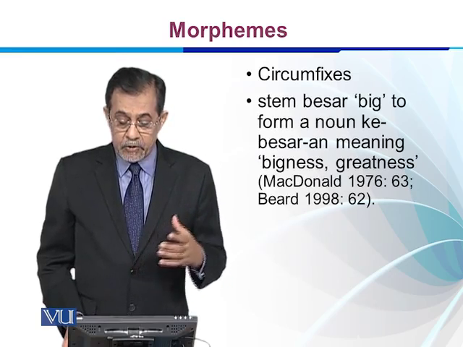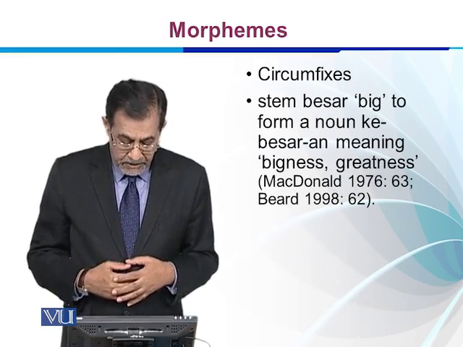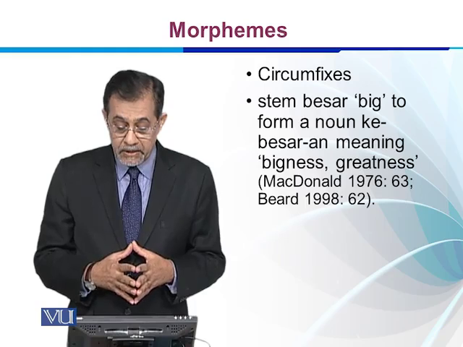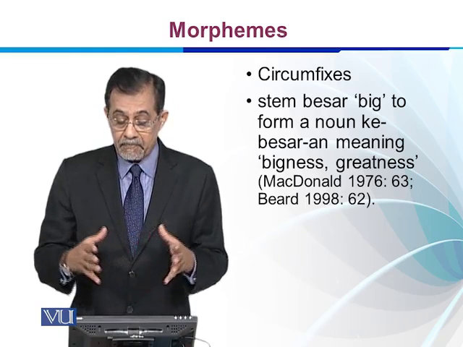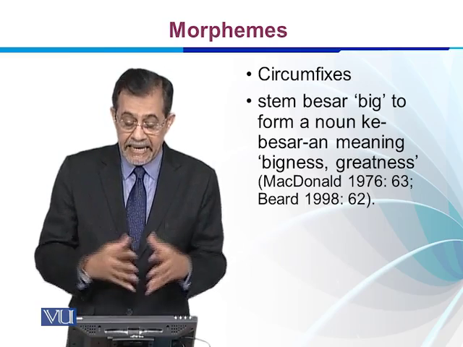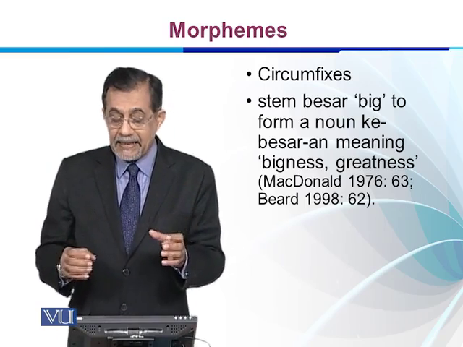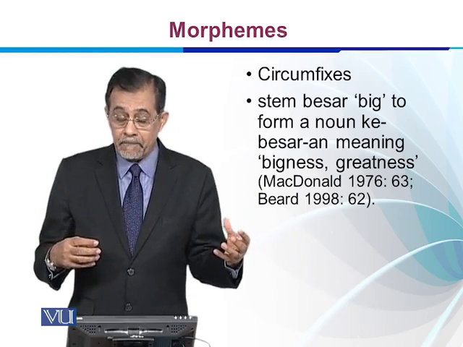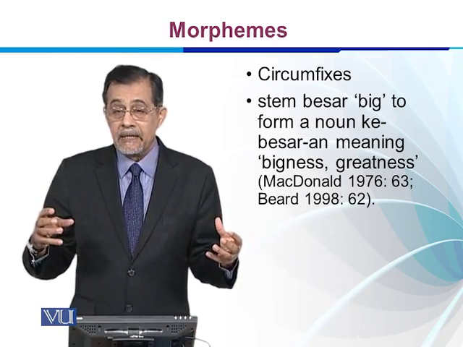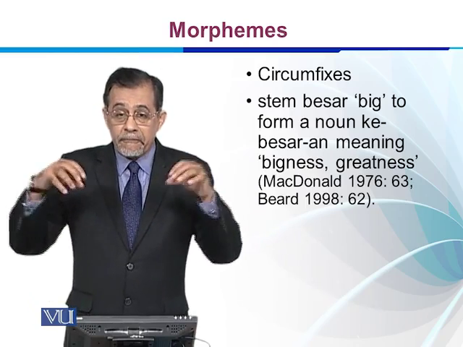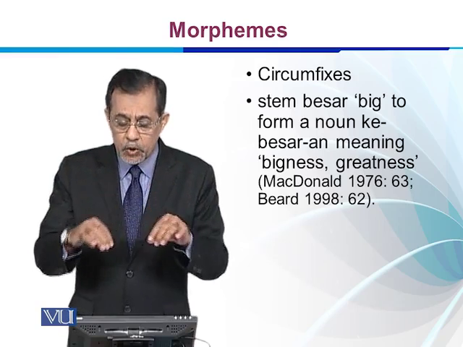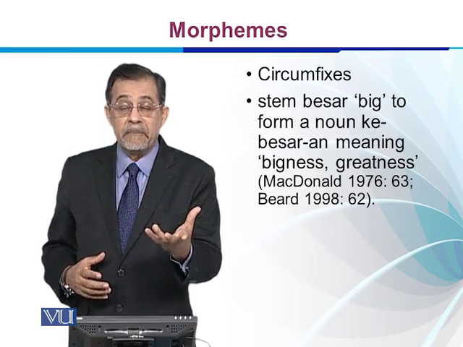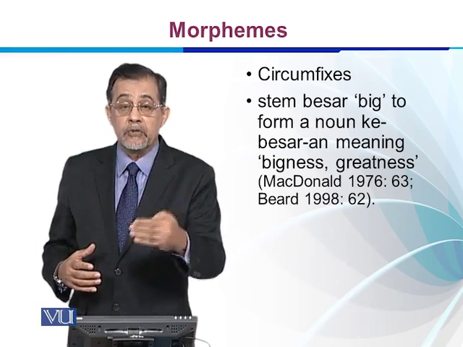Circumfixes. Let's take another example, from the Indonesian language. We have a stem besar, which means big, which is an adjective, and we put ke and an, ke before the adjective and an after the adjective, fixing the morpheme into it, and make the word kebesaran, which means bigness, which makes the adjective into a noun.